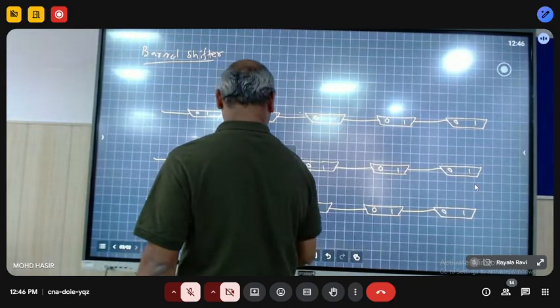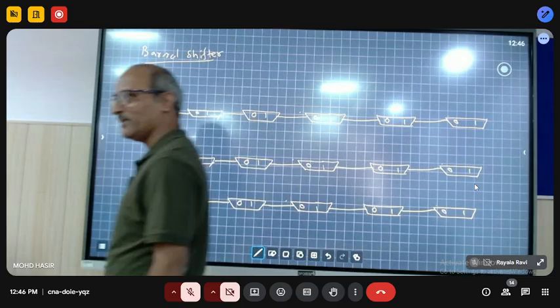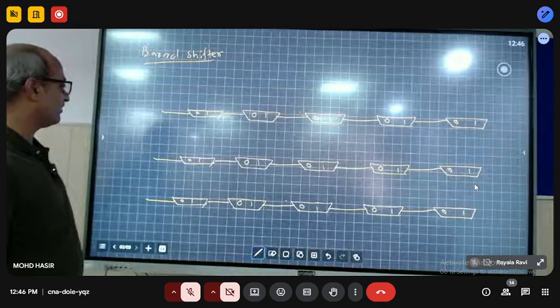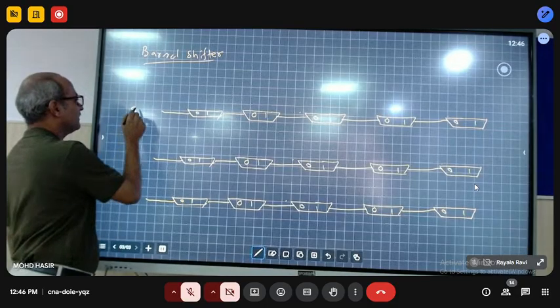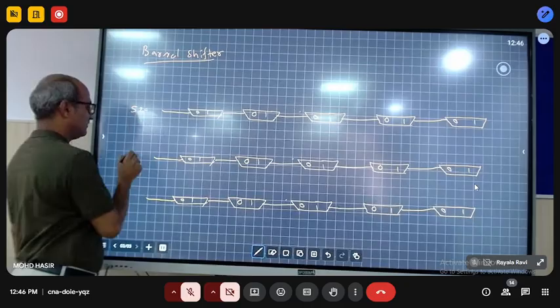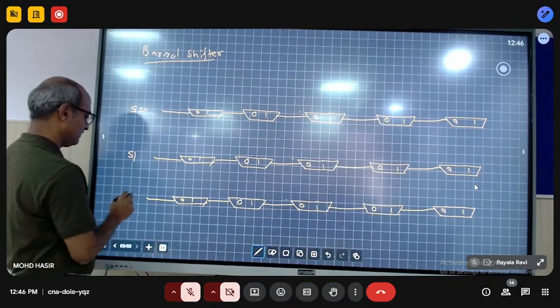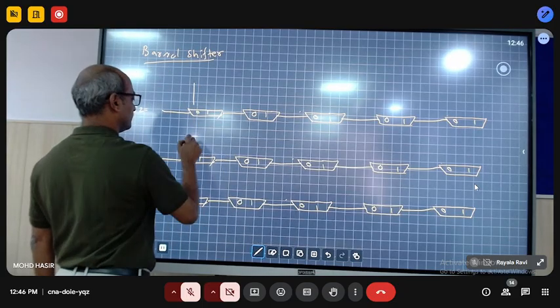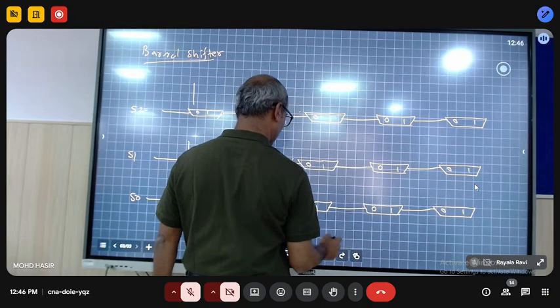I like smart boards for this purpose. It reduces my burden. Okay. Now, this seems to be complicated, which is not the case.